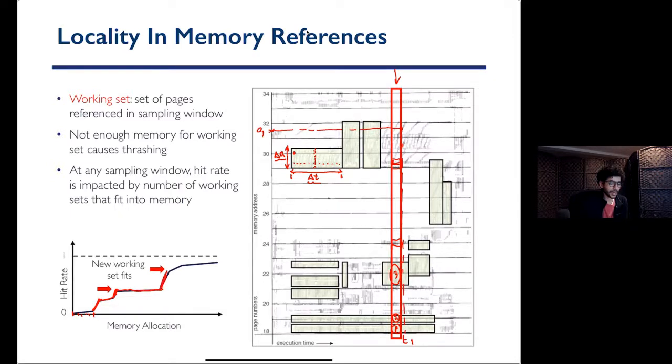And again, I get a really good boost in my performance because now I have 3 of my working sets present in memory, which means that any access to these pages are going to hit in memory and not create a page fault. And so on and so forth, right? So this is the explanation of these jumps in the hit rate. This means that I have enough memory to bring in a complete working set.